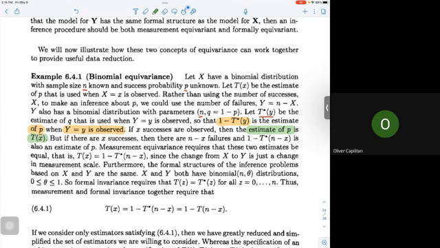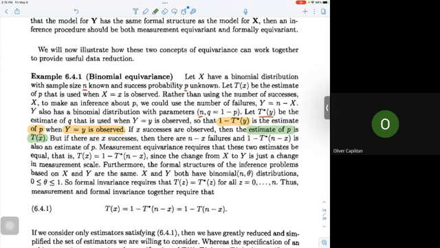Do they have the same set of PDFs or PMFs? In this case, yes, because x has a binomial distribution, and y also has a binomial distribution. X and y both have a binomial theta distribution.